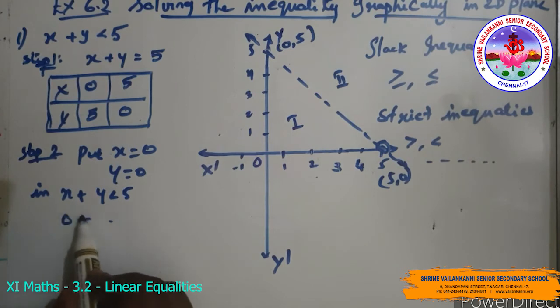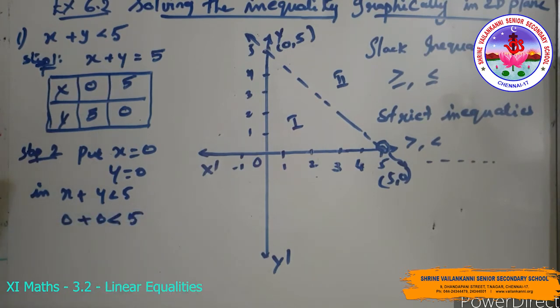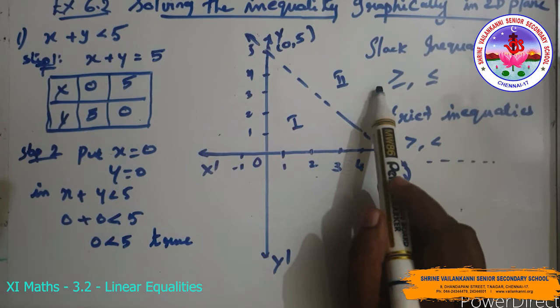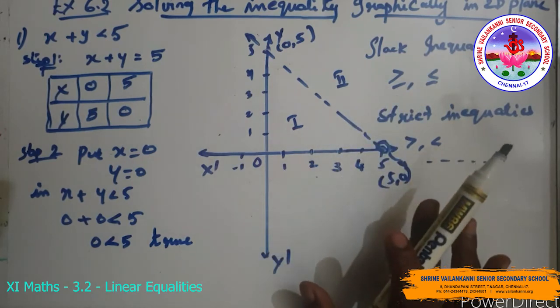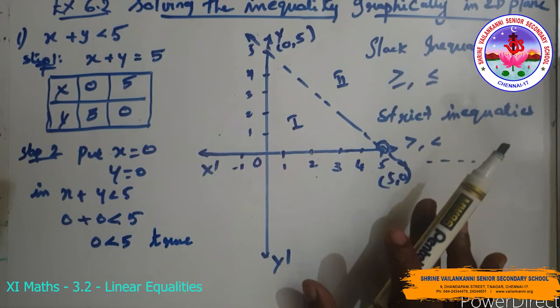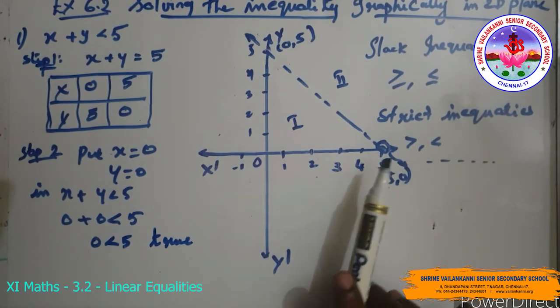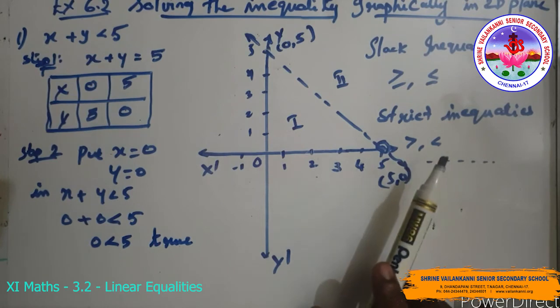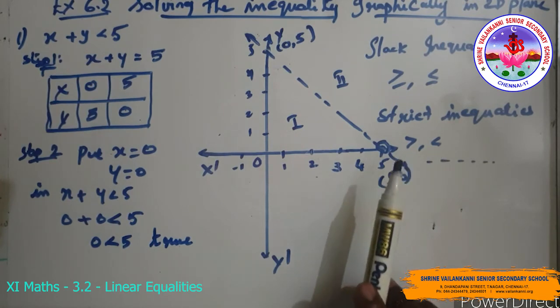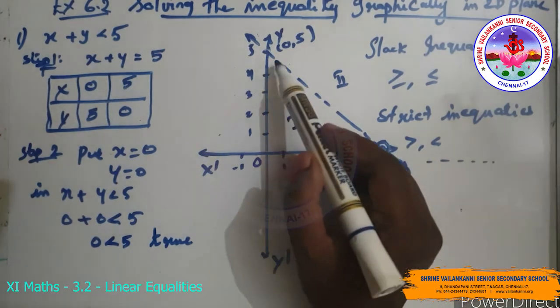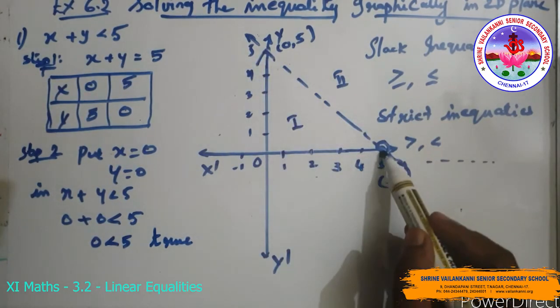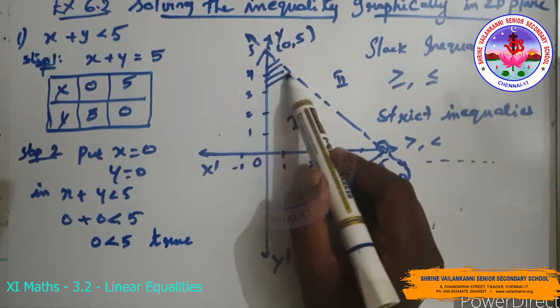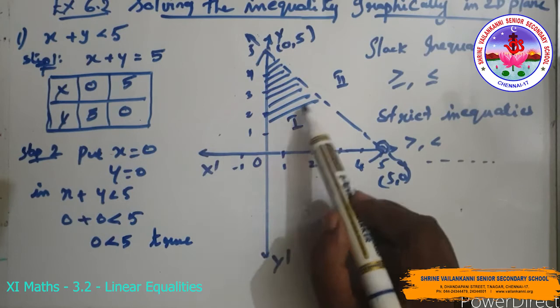So 0 plus 0 is less than 5, that is 0 is less than 5, which is a true statement. Therefore, half plane 2 is not a solution of the given inequality. Any point on the line does not satisfy the given strict inequality. Thus, the solution region of the given inequality is the shaded half plane 1. So we have to shade this region in half plane 1.